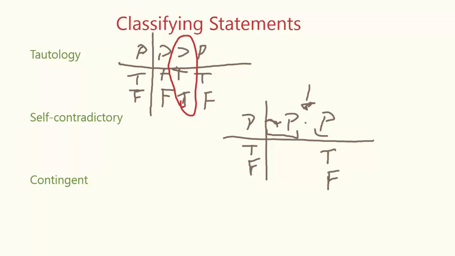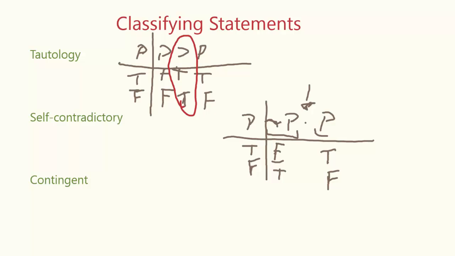In the next case, in the left conjunct, it's a negation, and it's negating the P, so we flip the truth values. Now, conjunction asserts that its conjuncts are all true. So it's true only in the case in which all the conjuncts are true.